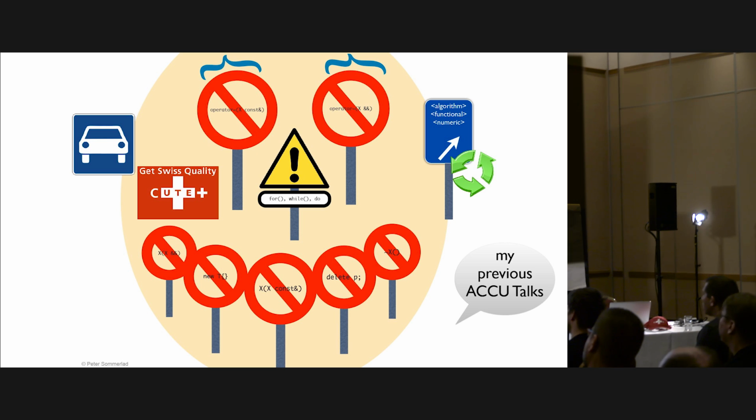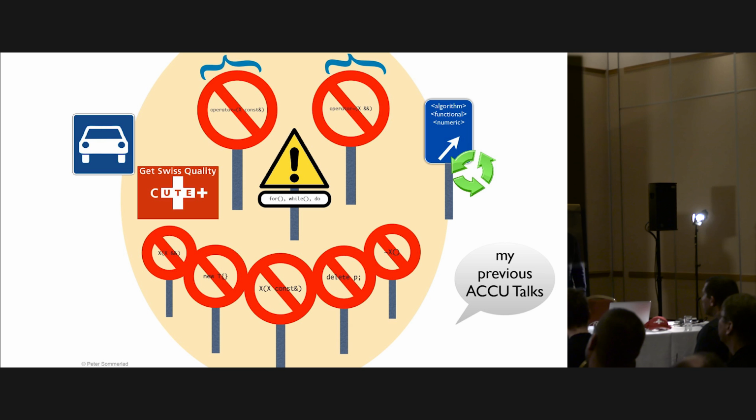For new and delete, for example, you have make unique or make shared, and the delete will be taken care of for you. Even destructors I consider harmful. If in your own classes you require explicit resource management, you're either writing library components or you're doing something wrong, because we now have in the standard library at least unique pointer to keep track of dynamic resources.